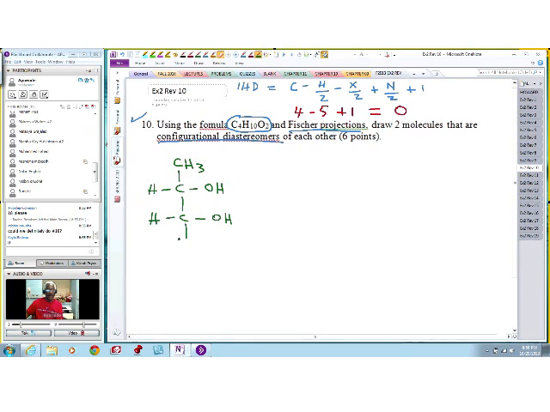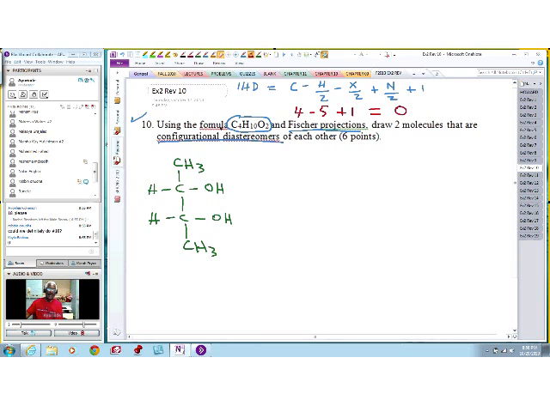Following all of the rules of valence and octet rule, I say this is a possibility. 1, 2, 3, 4, you have 4 carbon atoms. How many hydrogen? 3, 6, 8, 10. So we have all of the hydrogen and all of the oxygen. So this molecule will work just fine.